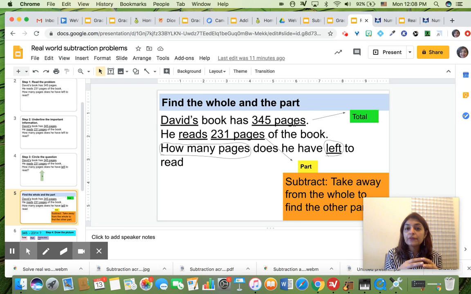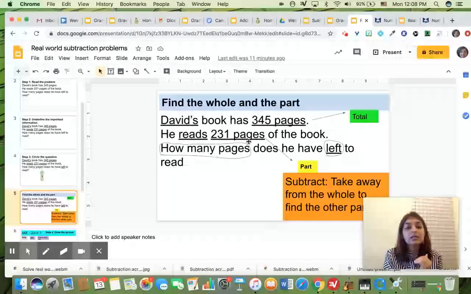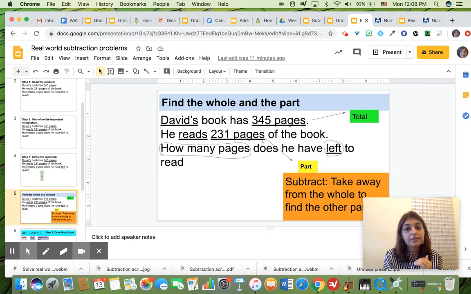Now, out of 345, David has already read 231 pages. That means this is one of the parts. The other part is something that we need to find. So we know we have the total and we have one of the parts.